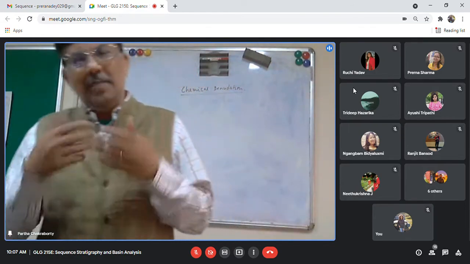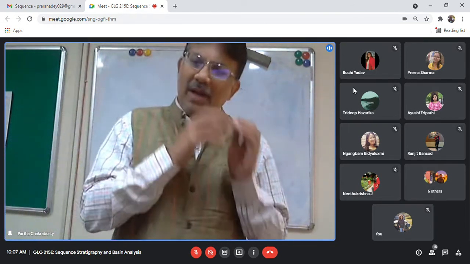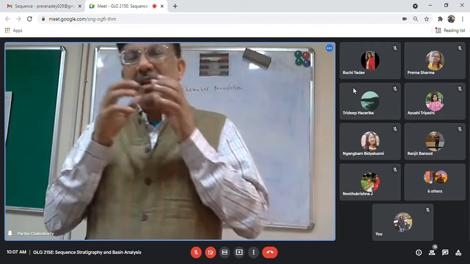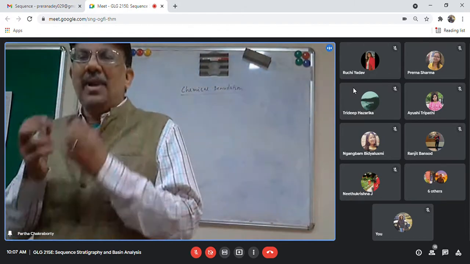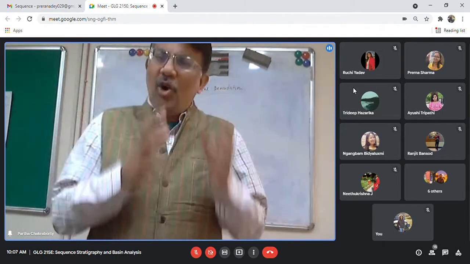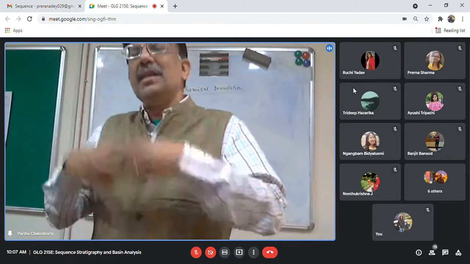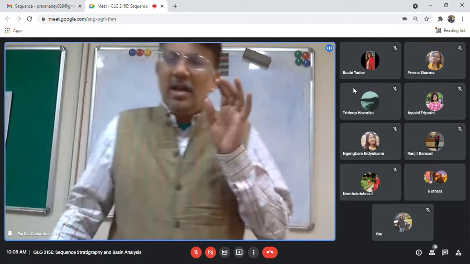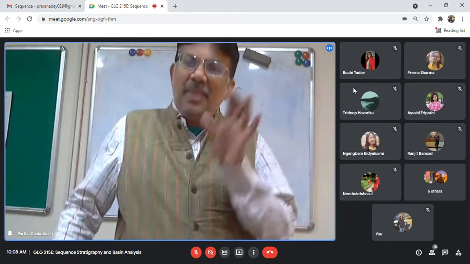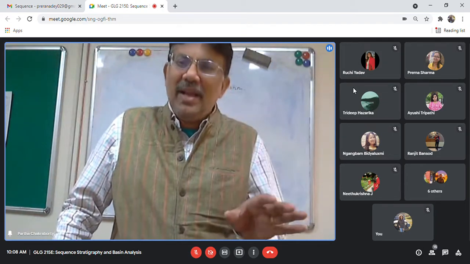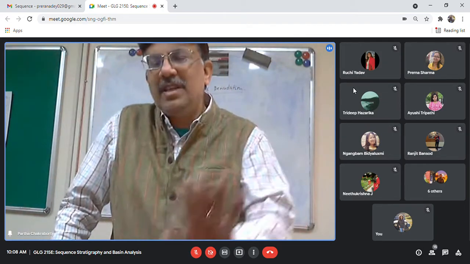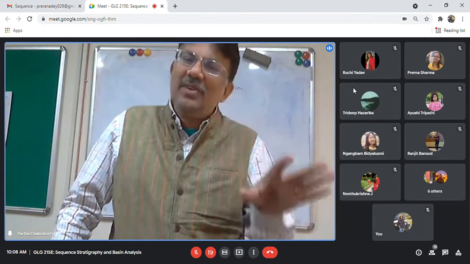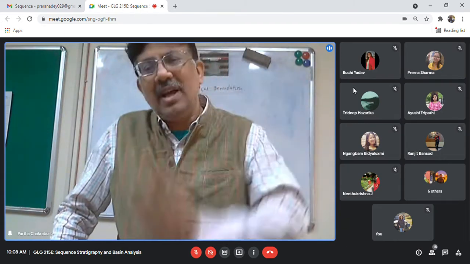In that soil profile, the water percolating from surface runoff or from precipitation, and the decay of plant material, all these release cations and anions in the surface water. So the organic matter, the plant matter, as well as the reaction between the minerals present in the rocks with the surface runoff or the groundwater.